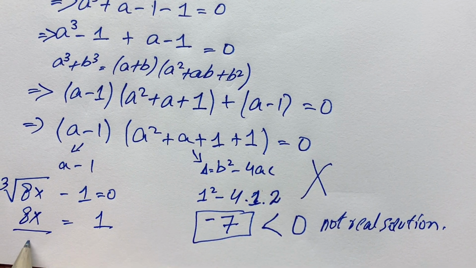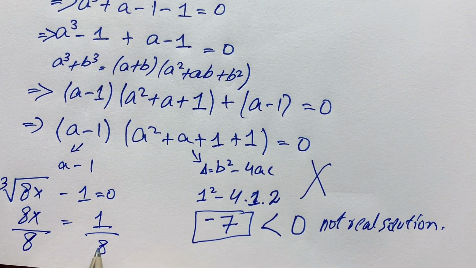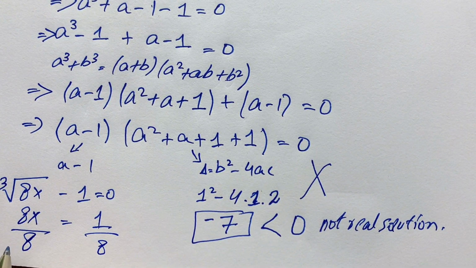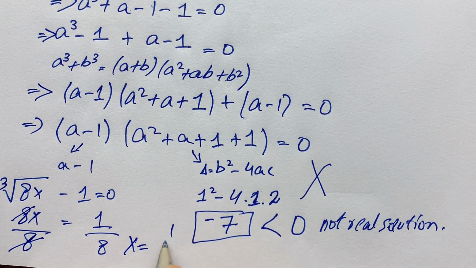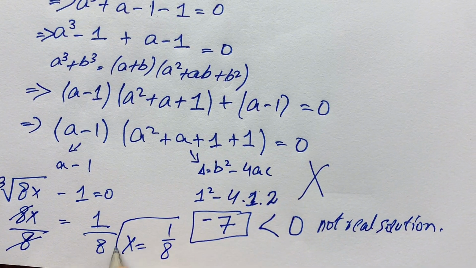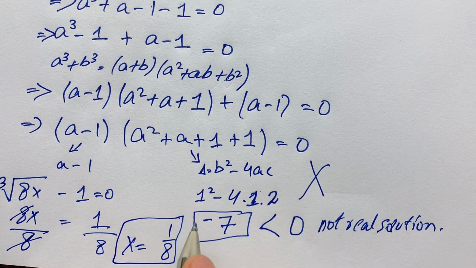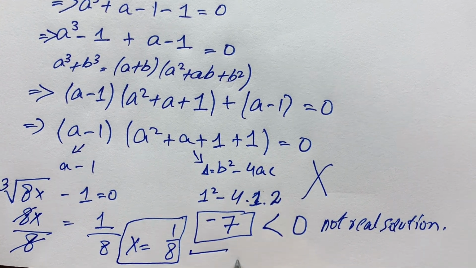Dividing this by 8 and this by 8, the 8 cancels, and we remain with x is equal to 1 divided by 8. This is our value of x. This is our final value of x.